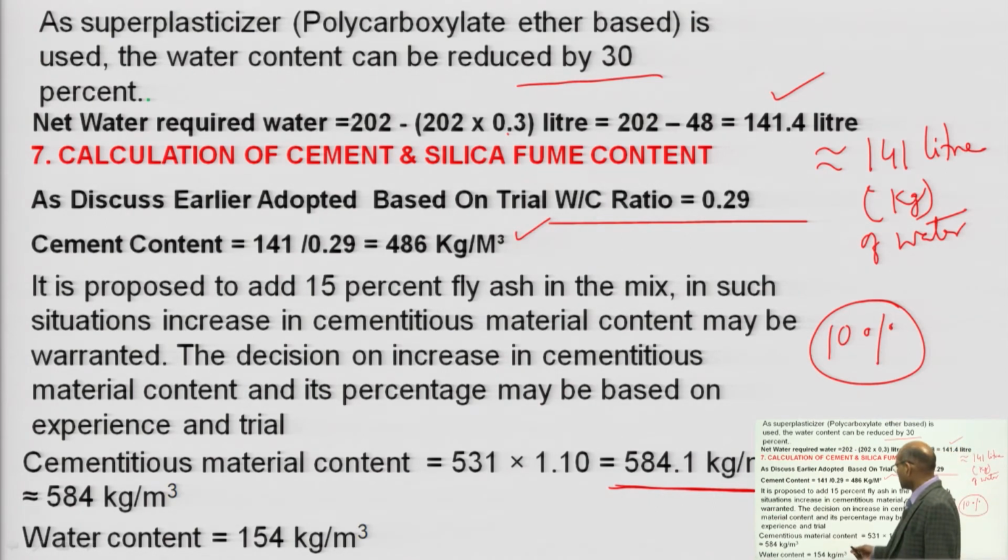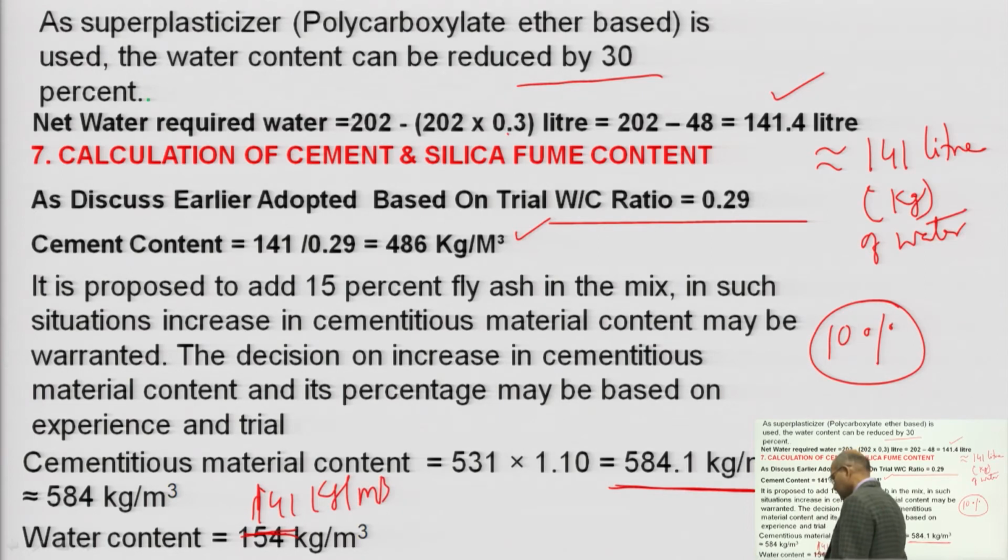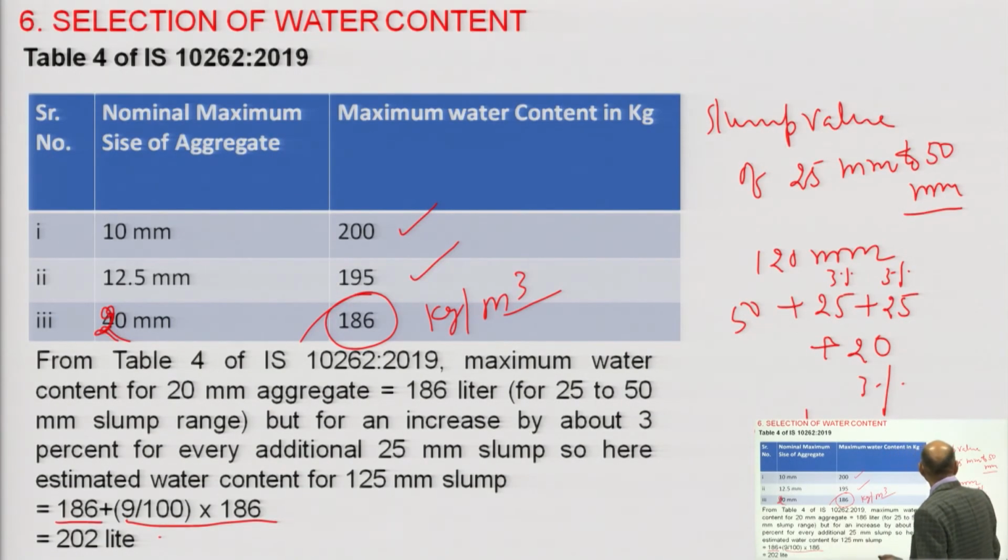So, the water content requirement is, I have taken the wrong data here actually, this is another value. 141 kg per meter cube, that we have calculated in the previous case.